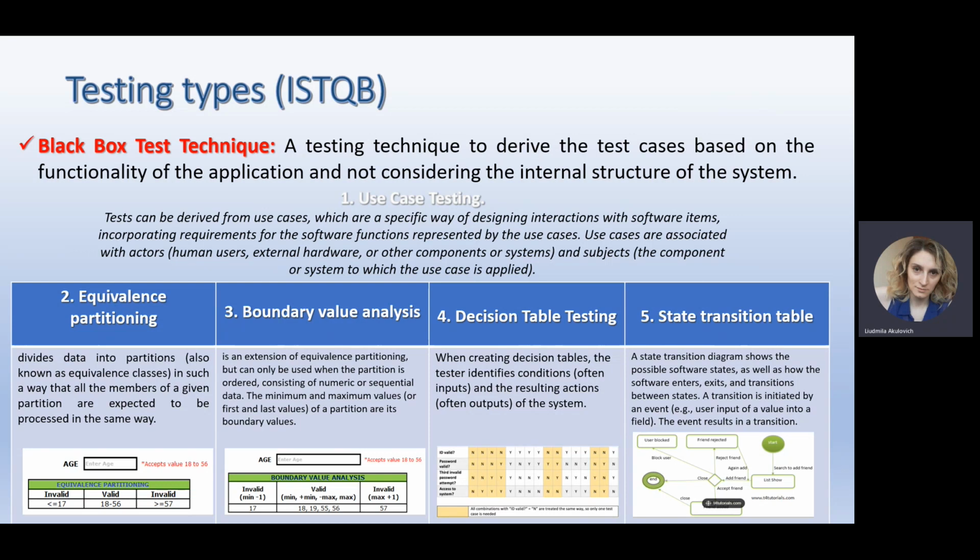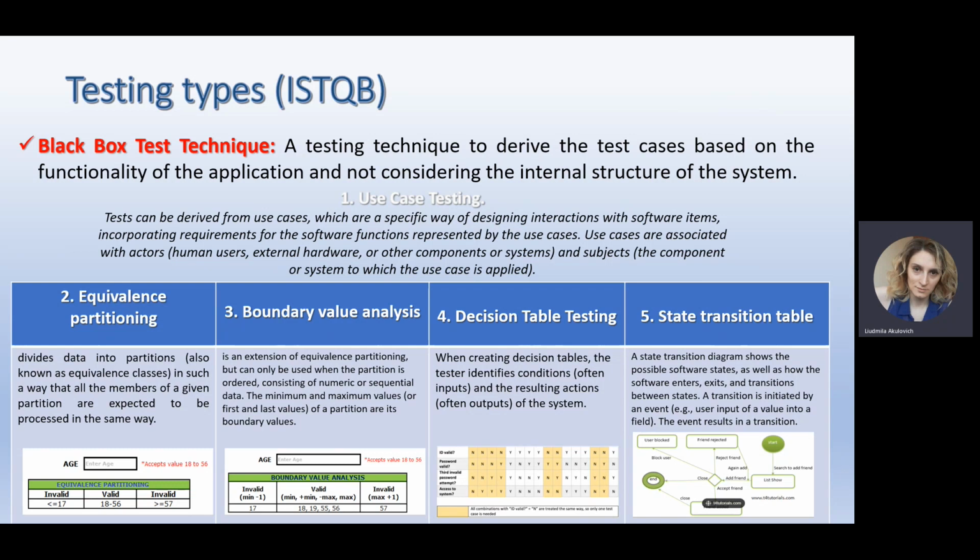One more variant of black box test technique is decision table testing. When creating decision tables, you should identify conditions and the resulting actions, and this is formulated in a table. A state transition table, or mostly it's called a state transition diagram, shows the possible software states and changes of these states after some kind of event.